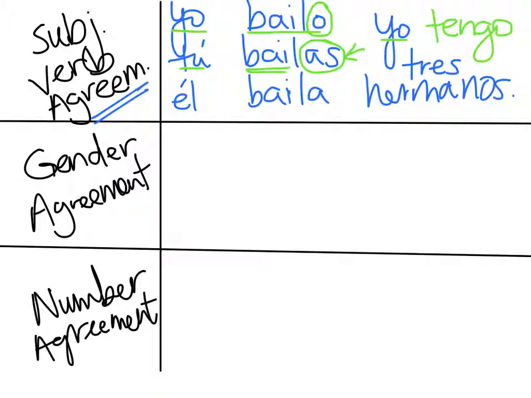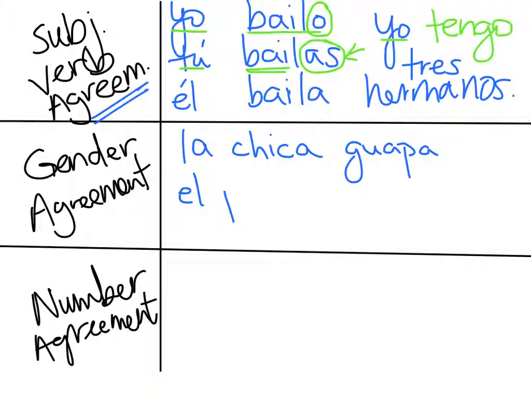Next part, gender agreement. Por ejemplo, la chica guapa. Or el perro es bajo. So by gender agreement, we mean this is feminine, this is feminine, this is feminine, or here we have masculine, masculine, masculine, okay?